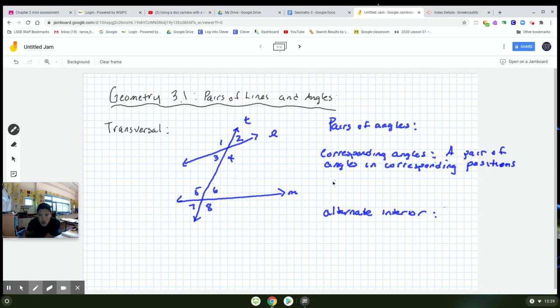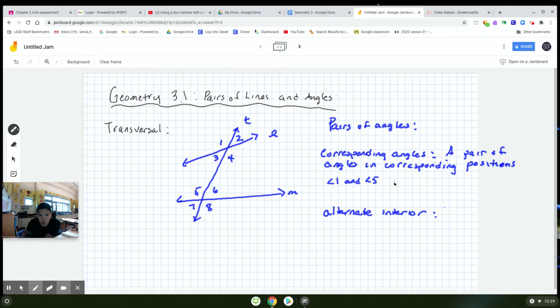So an angle that corresponds with that, angle 1, and another angle that's above its line is angle 5. Angle 6 is also above the line, but it's to the right of the transversal. So angle 5 is to the left of the transversal and then above its respective line. So angles 1 and angle 5 are corresponding angles.